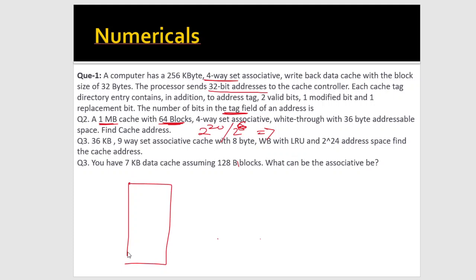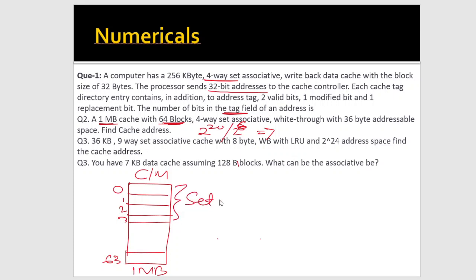This is for the second question. 1 MB cache. This is my cache memory. This is 1 MB. 64 blocks. This is block 0. This is block 63. 4-way means 0, 1, 2, 3. This is my set 0. How many blocks? 64 blocks. So the last 4 will be my set 15. So the total number of sets is 16.